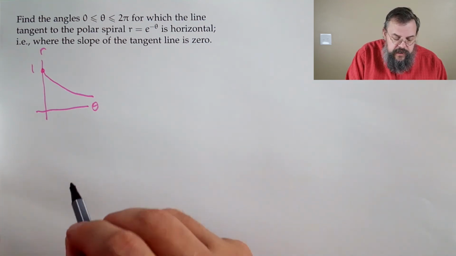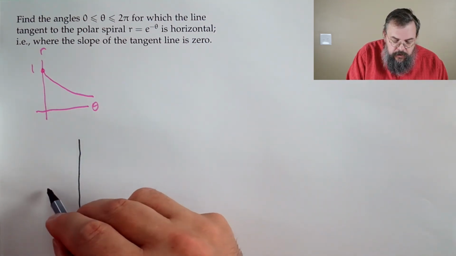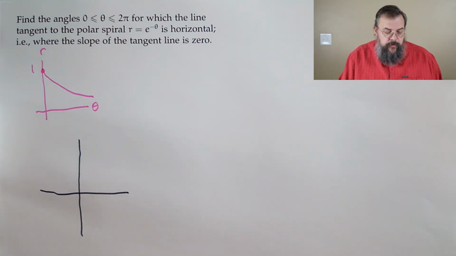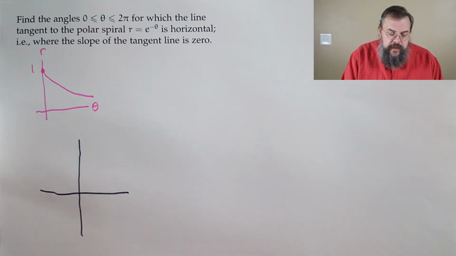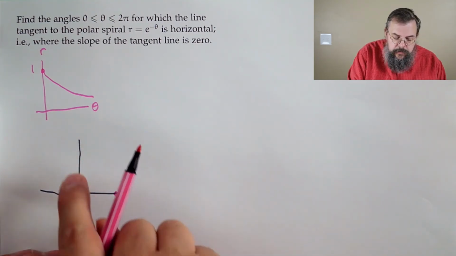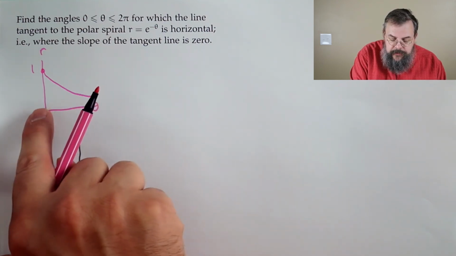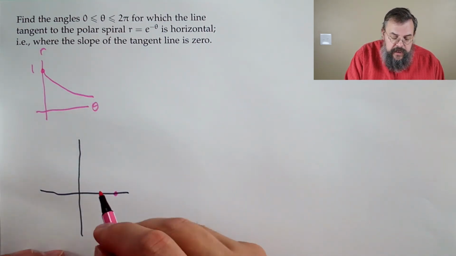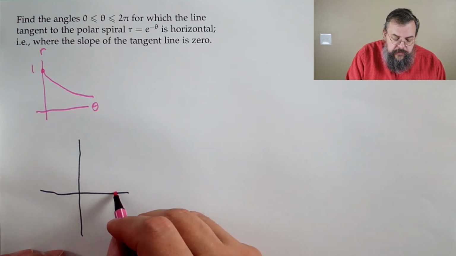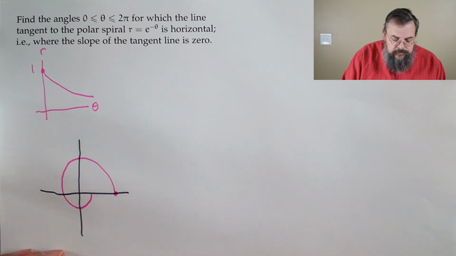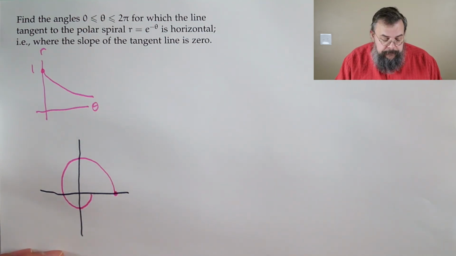You're going to start at 1 when theta equals 0, and as you go around here, which is the same as reading from left to right, we're going to get closer and closer. So it's going to do something like that.